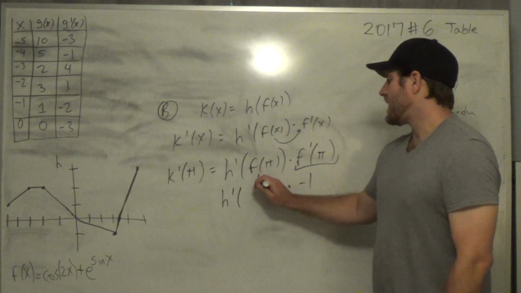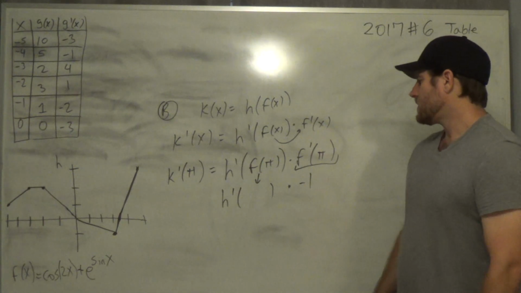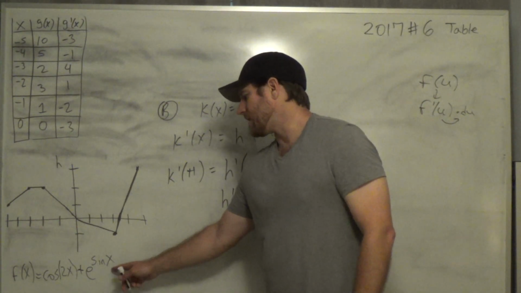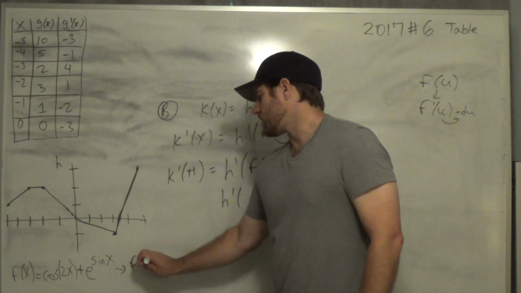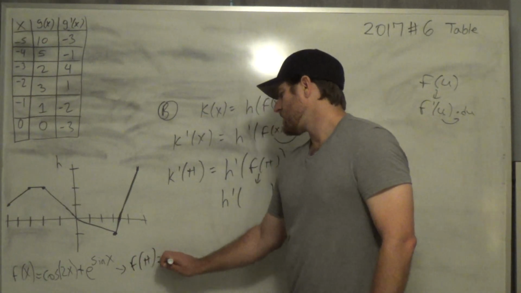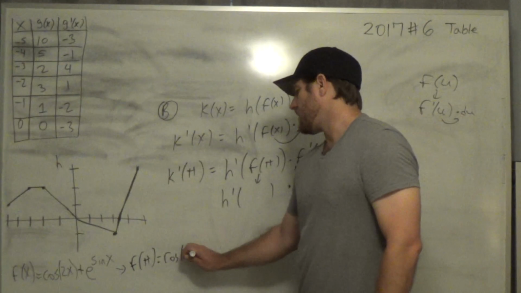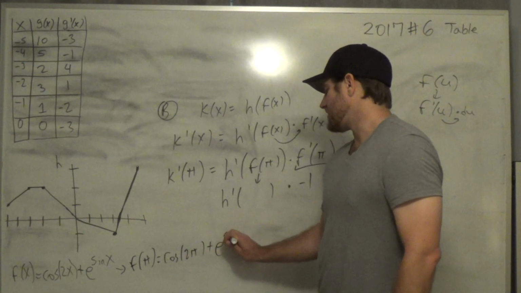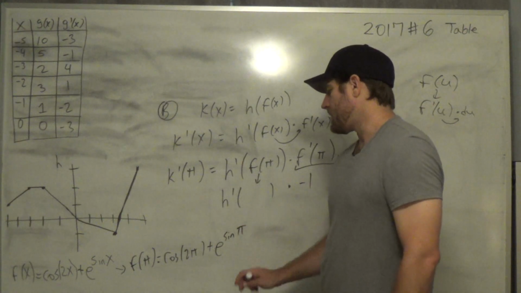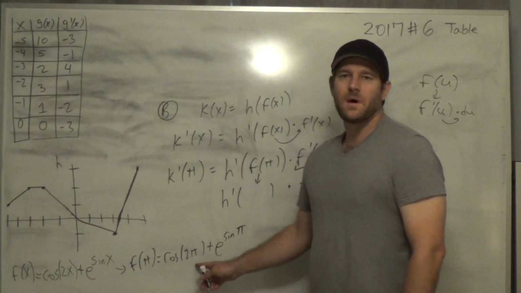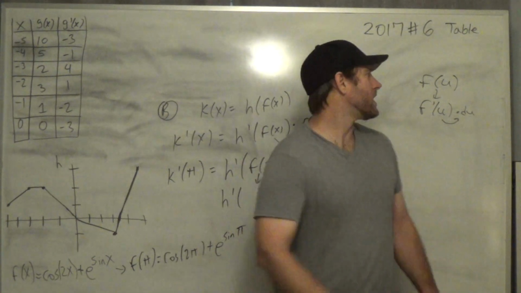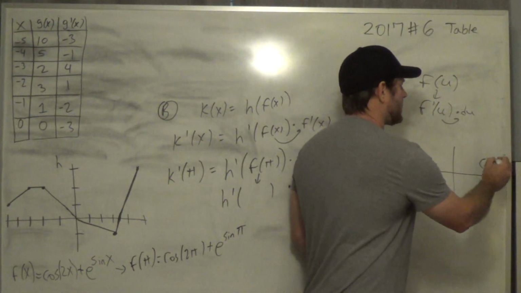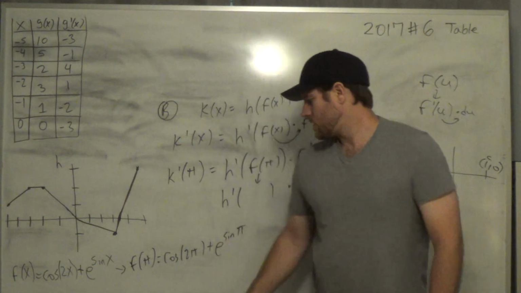So now we need to find what is f of pi. So I'm going to look way over here to see if I can figure out what f of pi is. F of pi is cosine of 2 pi plus e to the sine pi. Cosine of 2 pi, on that ordered pair we had over here, remember this was (1, 0), so the cosine is 1.